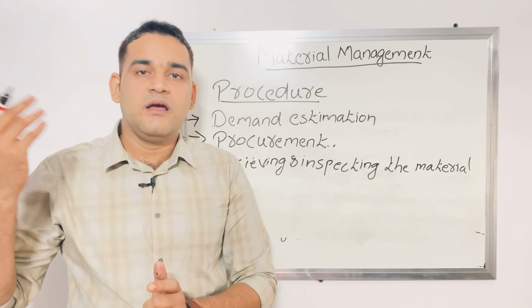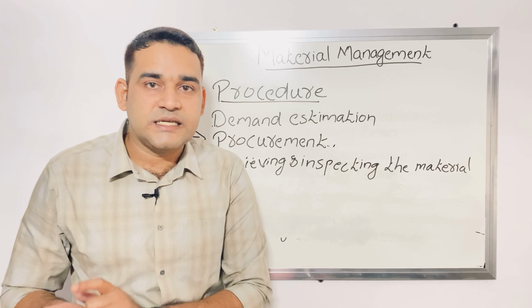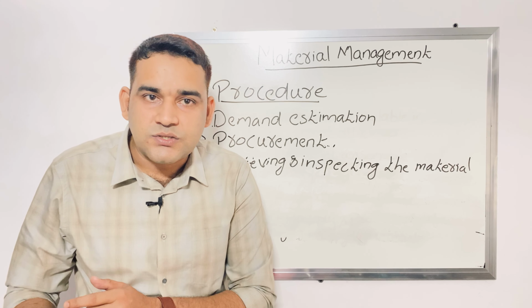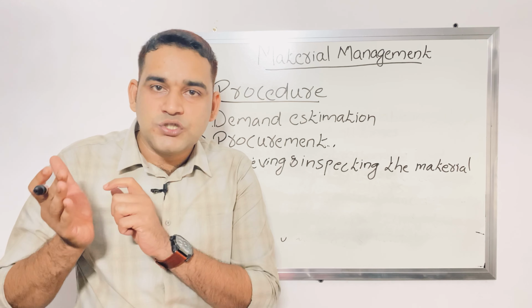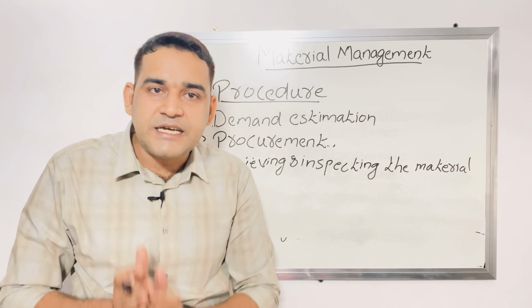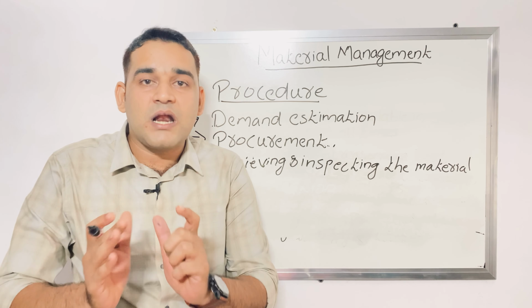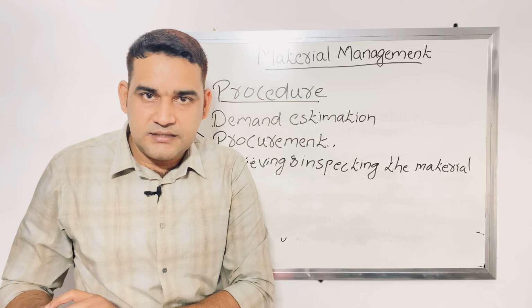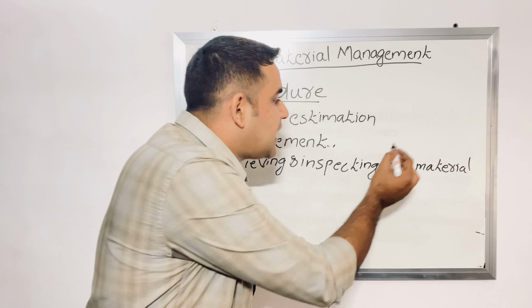We have ordered this much number, so is that number there or not? Regarding the quality, this product we have ordered, so is that material there or not? We have to check. You are receiving the item and inspecting it. That is the third step, receiving and inspecting the material.